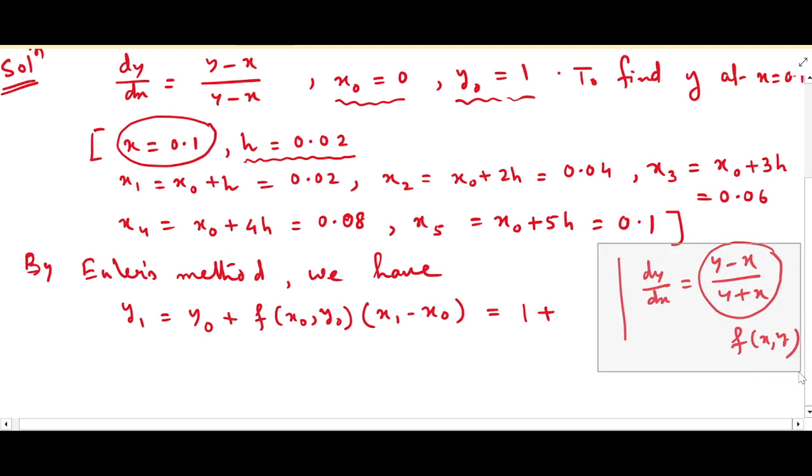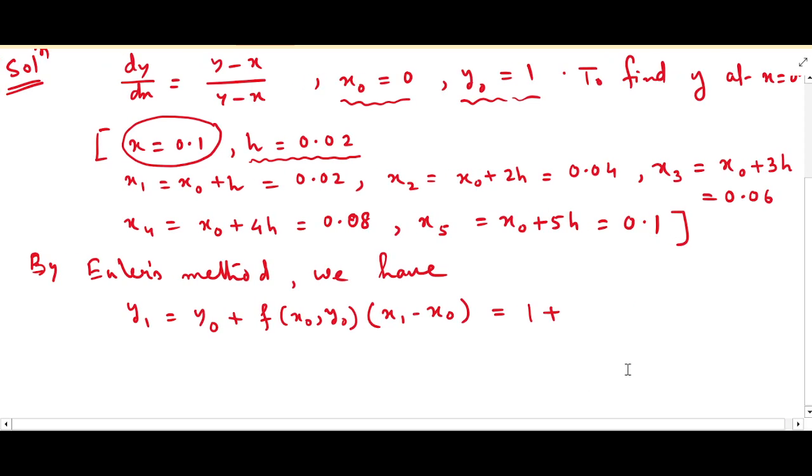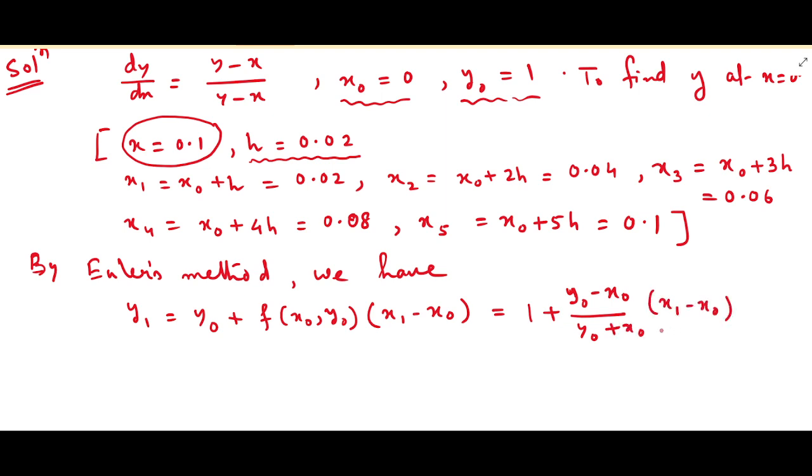So our f of x naught comma y naught will be y naught minus x naught divided by y naught plus x naught, into x1 minus x naught. Now see, all the values we know, each and every value.